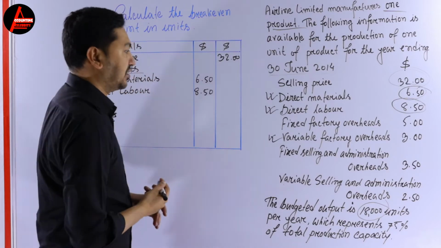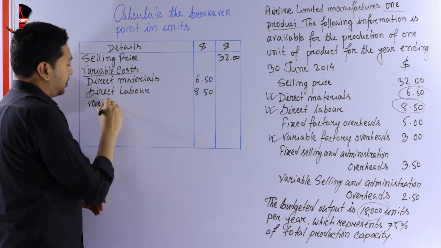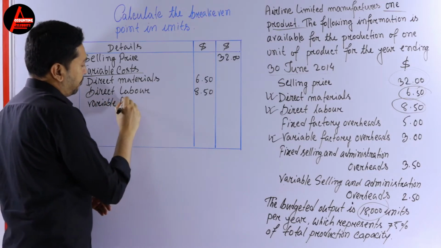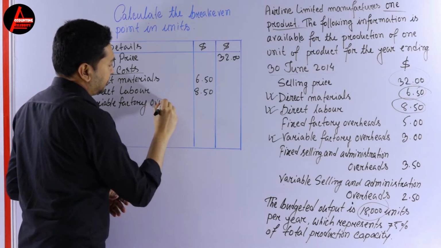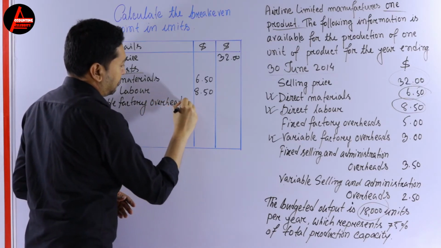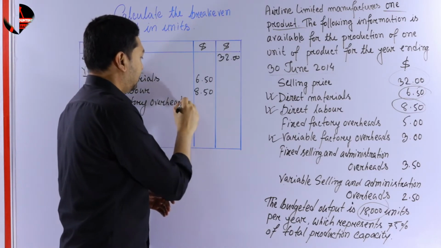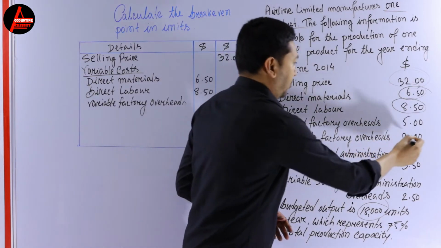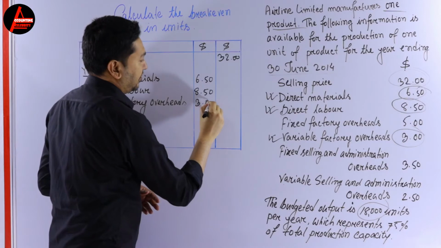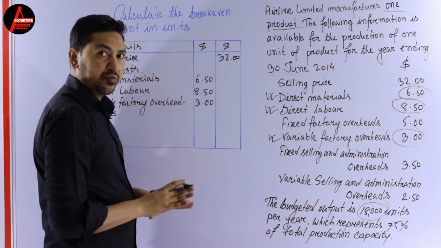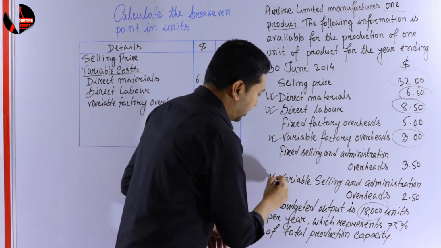What is next? Variable factory overheads. So let us write here variable factory overheads. What is the price here? So here the value is $3. So right here $3. Do we have any more variable cost? Yeah, we have one more here.